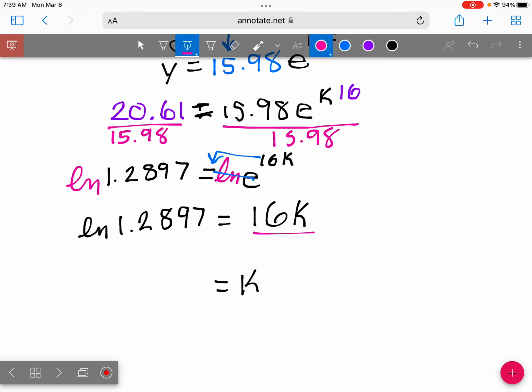Divide by 16. And this we type into a calculator. Physically impossible to do without a calculator. And what we get is 0.0159.